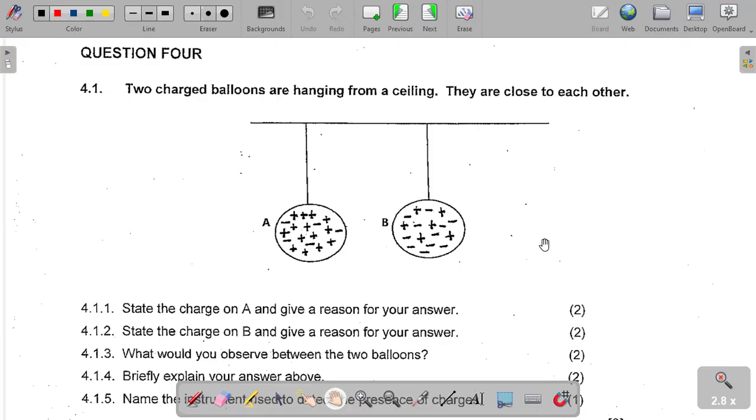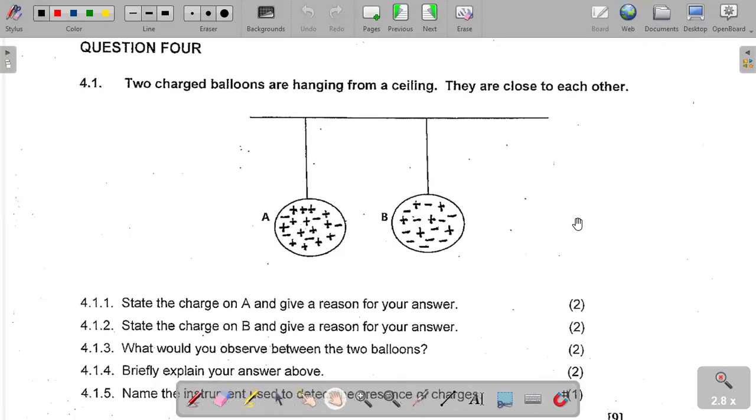So we're going to get into lesson 4. We're still doing static electricity. Welcome to lesson 4. In the previous lesson we did question 2 and example 2.